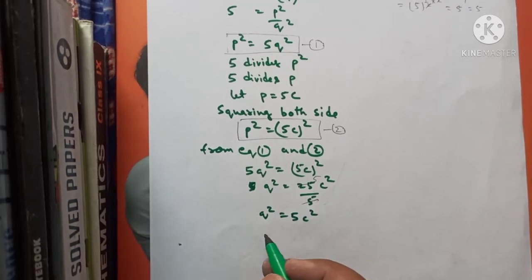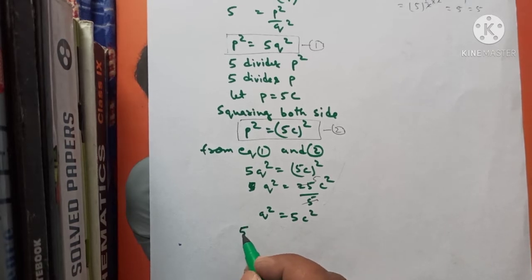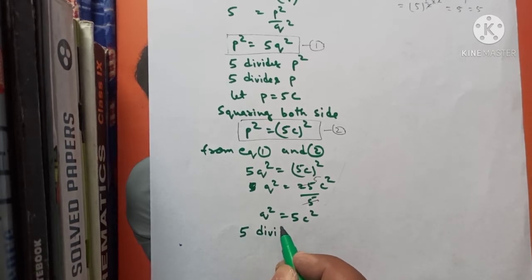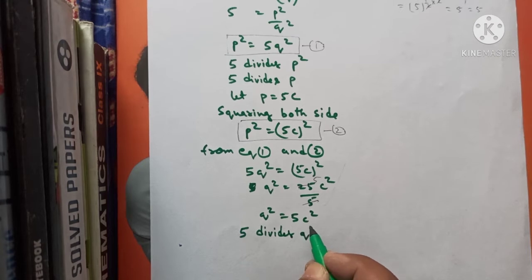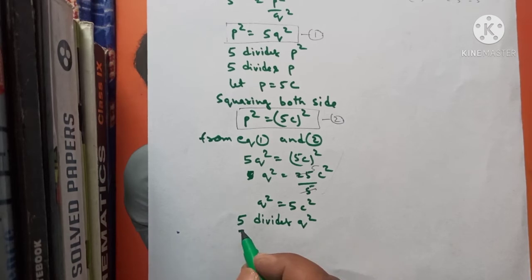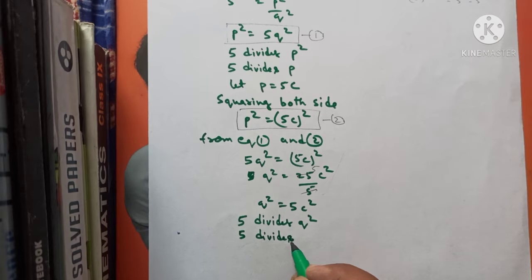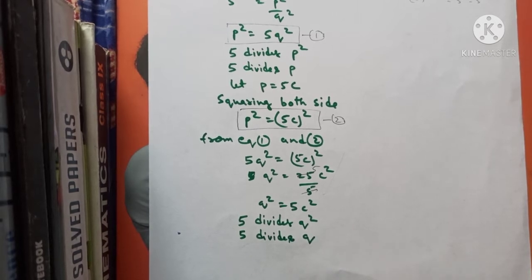So again this indicates that 5 is a factor of q square, that is 5 divides q square, and by the theorem, if any prime factor divides the square of an integer, then it will also divide the integer itself.